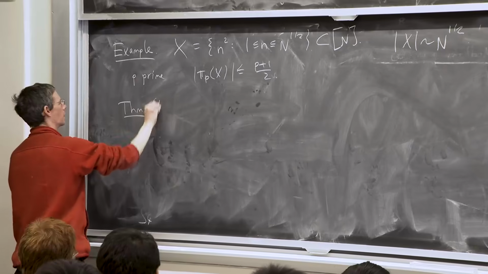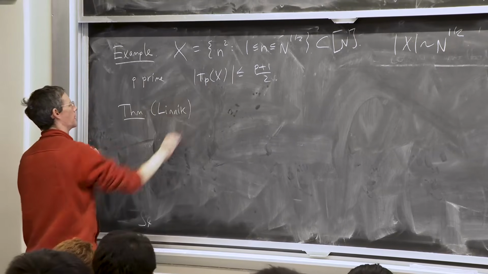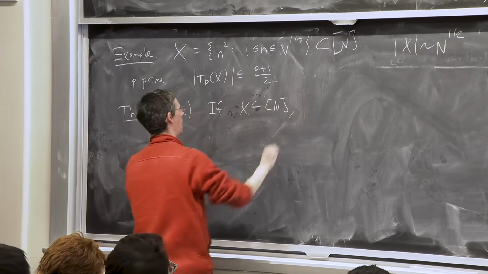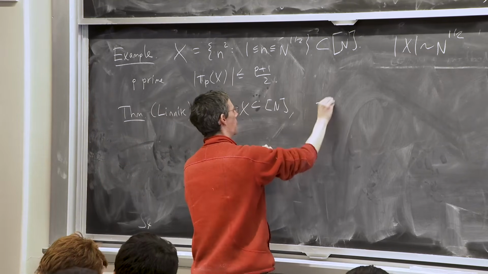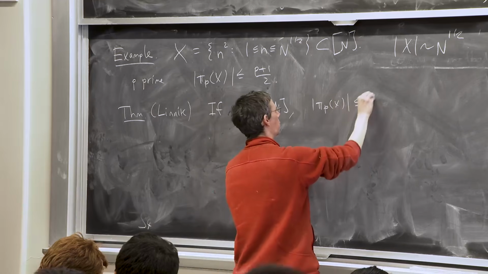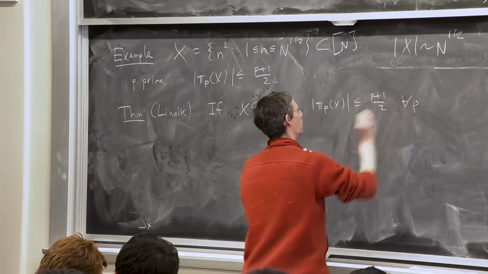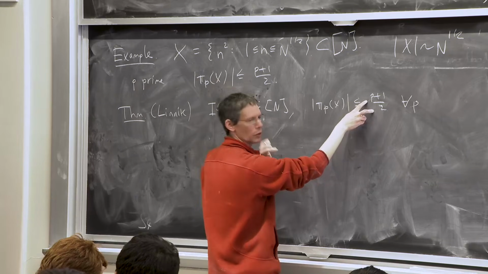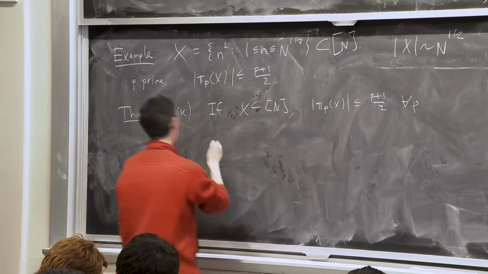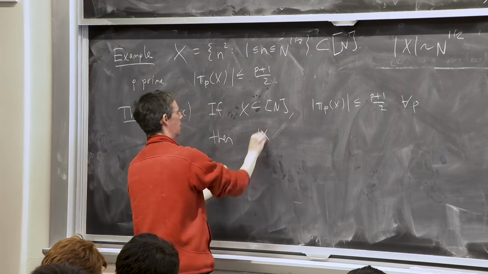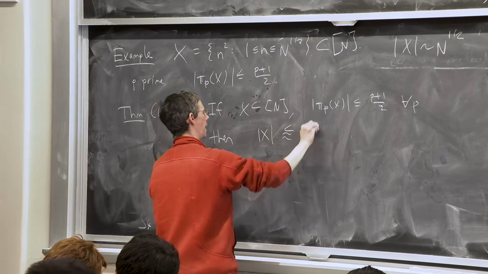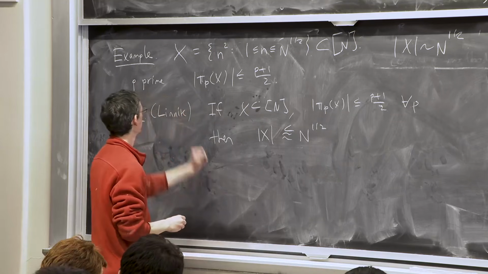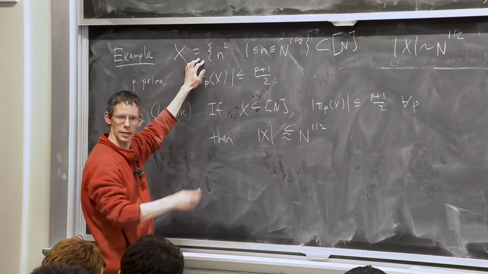The theorem of Linnik in the 1940s says, if I have a subset of the integers from 1 to N, and if the size of pi_p(X) is at most (p+1)/2 for every p (there's nothing so special about this, we could put other things here, but I'm just using this to compare with the squares), then the conclusion is that the size of X is at most around N^(1/2). So it says that the square numbers are just about the biggest set with this property.